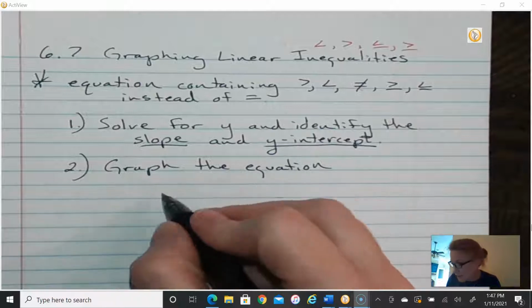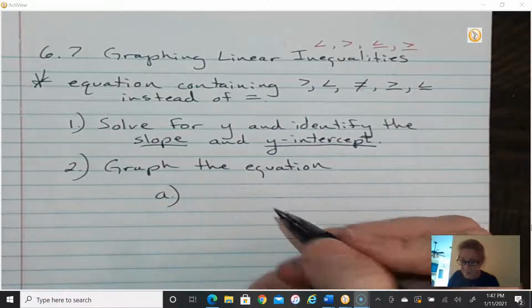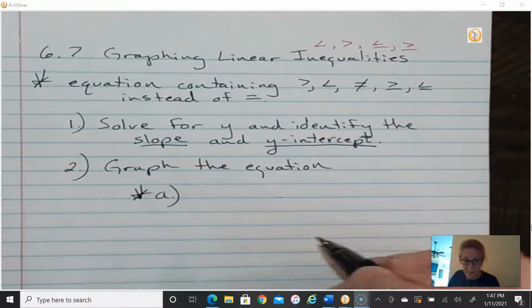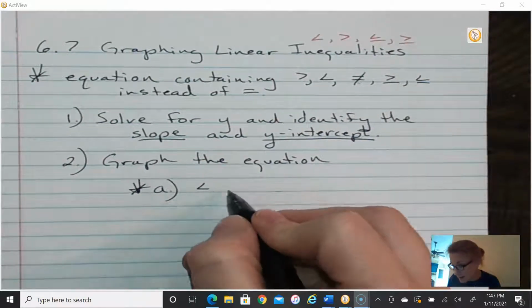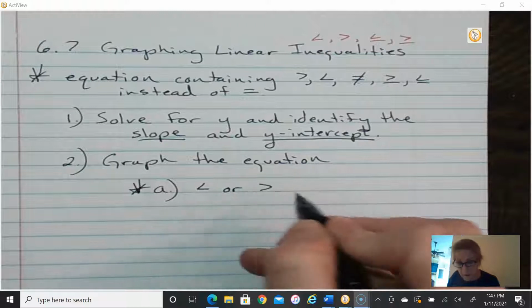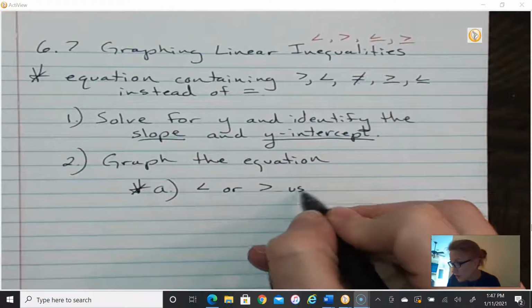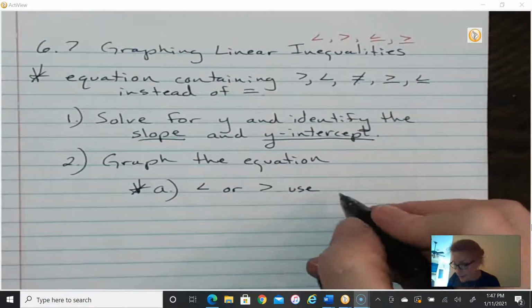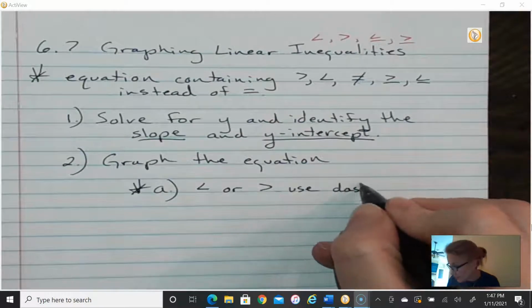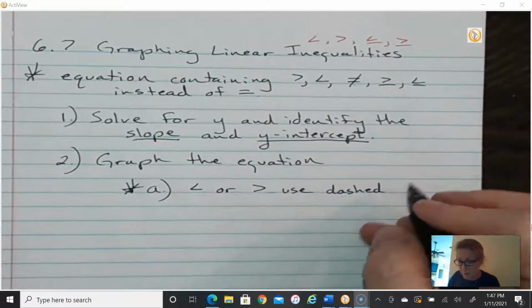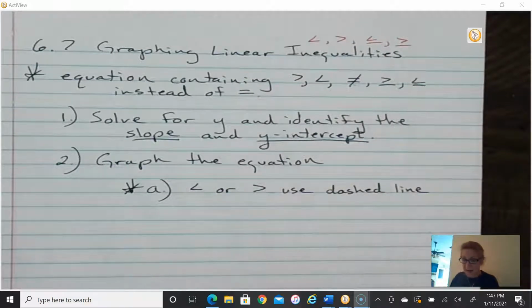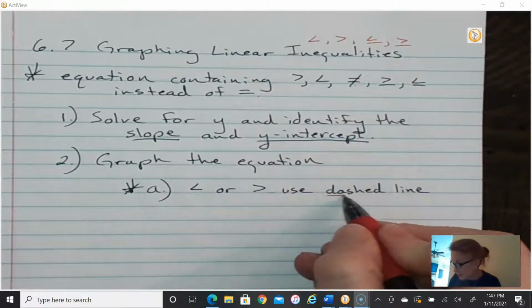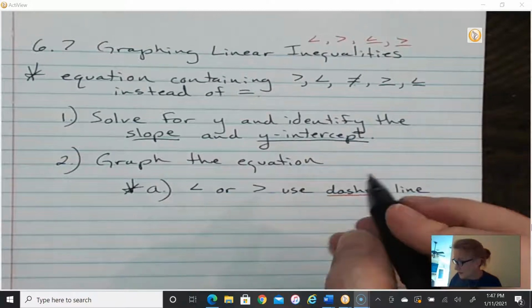And I'm putting a star here. If it's less than or greater than, you're going to use a dashed line. Now in class we'd be doing more talking about this, but you're going to be using a dashed line. I'm going to underline that in red. And it's going to look like this.